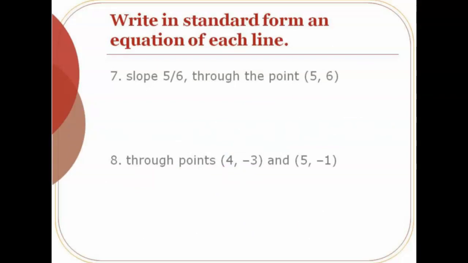Number 7, plug in your slope, plug in your point. So you have y minus 6 equals 5 over 6 times x minus 5, or y minus 6 equals 5 over 6 x minus 25 over 6.